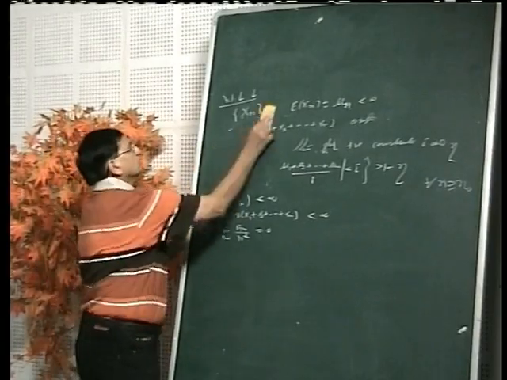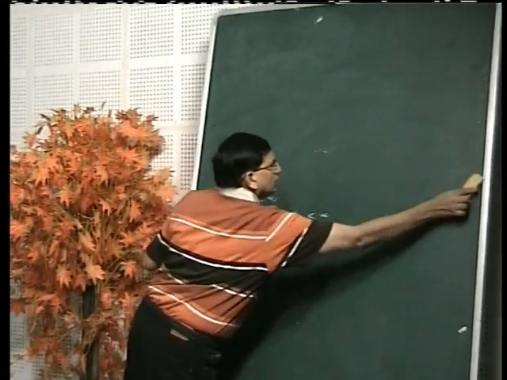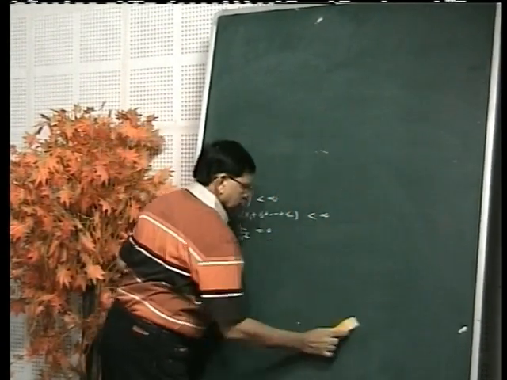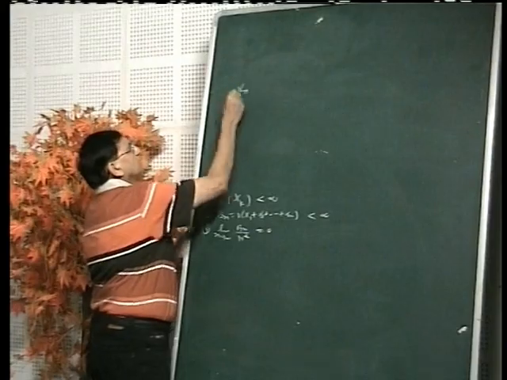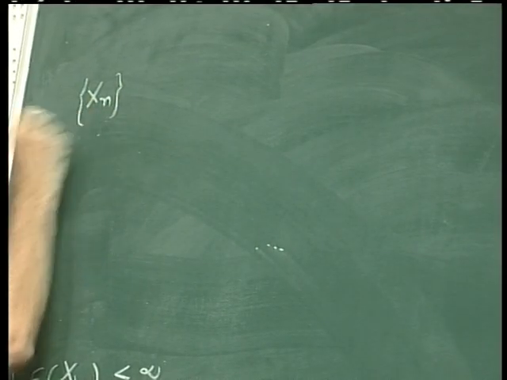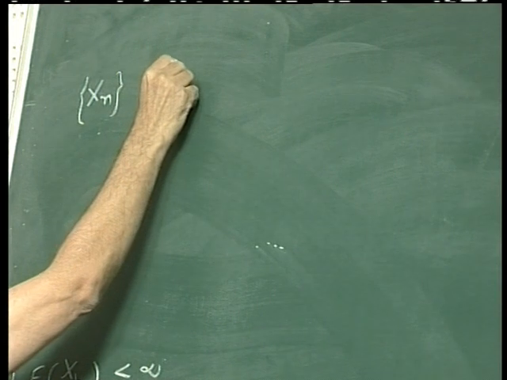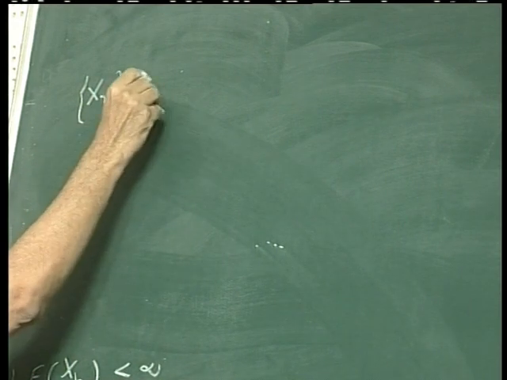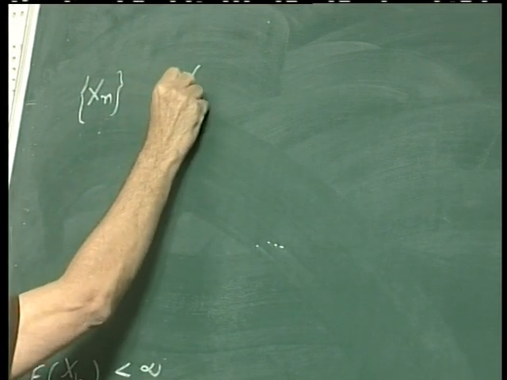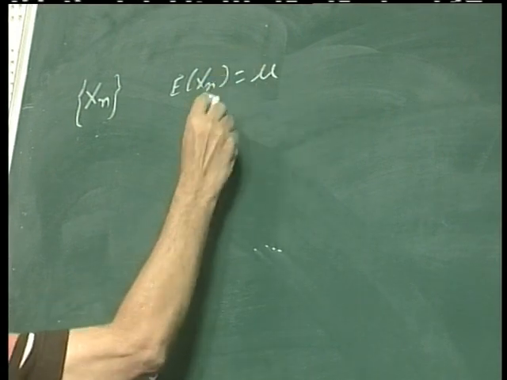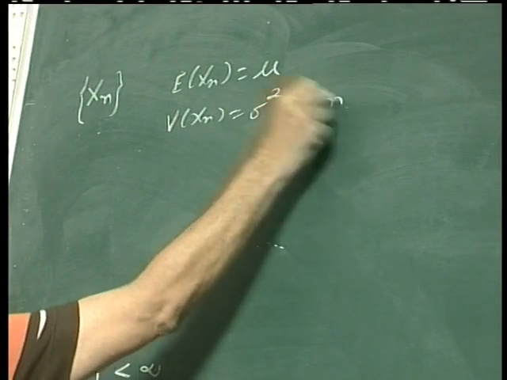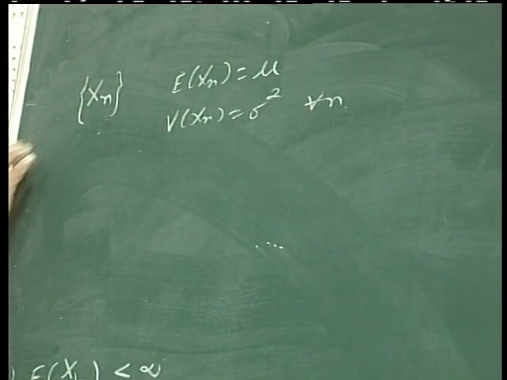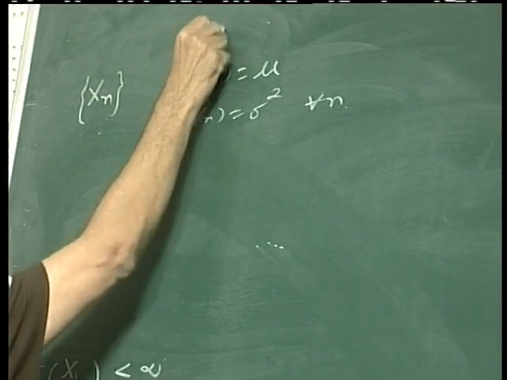So let us take one example. Here let xn be any sequence such that they all are IID, independently and identically distributed. So expected value of xn is mu for all n. Variance of xn is sigma square for all n, and they are mutually independent.